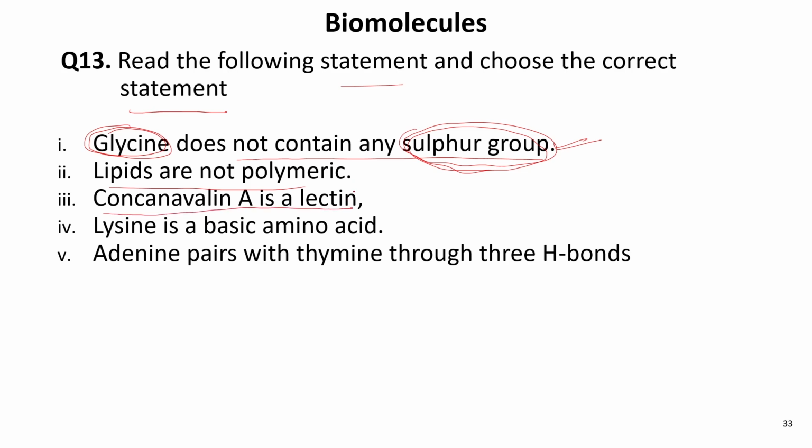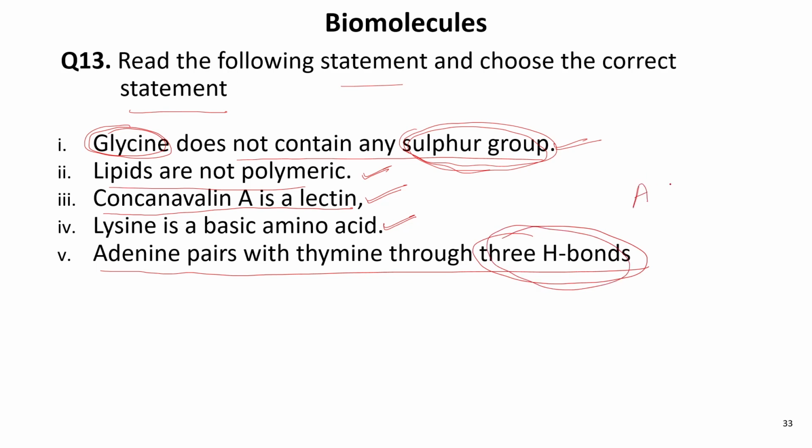Concanavalin A is a lectin. Yes, this is also a correct statement. And lysine is a basic amino acid. This is also a correct statement. Adenine pairs with thymine through 3 hydrogen bonds. Now here comes the problem.